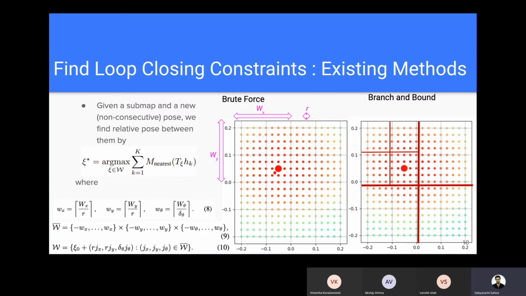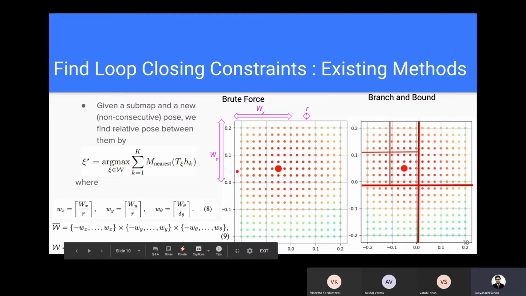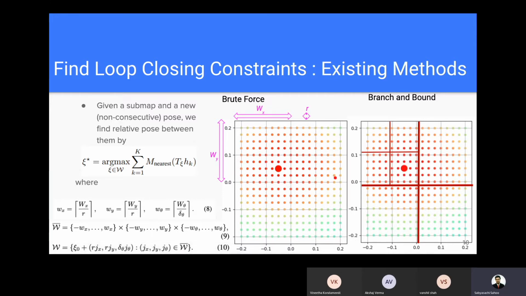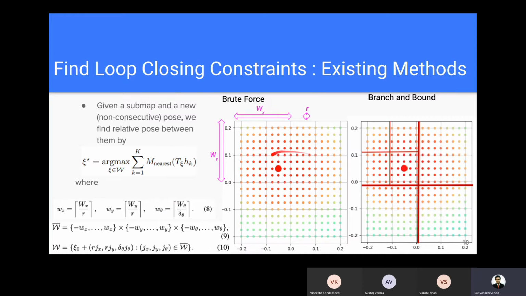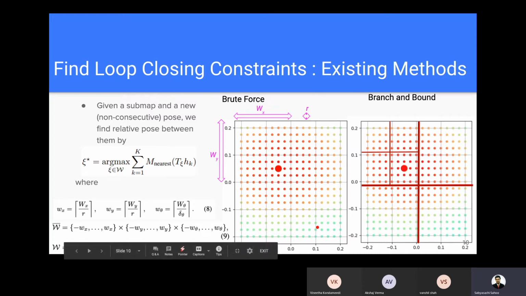Now the problem with branch and bound, and I think one of the simplest questions that was asked, is that even in a grid search setting, if we try to evaluate on all these points, it takes a lot of time. So can we try to do better than that? It turns out that even in the Cartographer paper, they say that for just doing this scan matching between previous and next scan, for trying to solve this equation, instead of searching the whole grid in a brute force manner, you could partition the grid recursively.